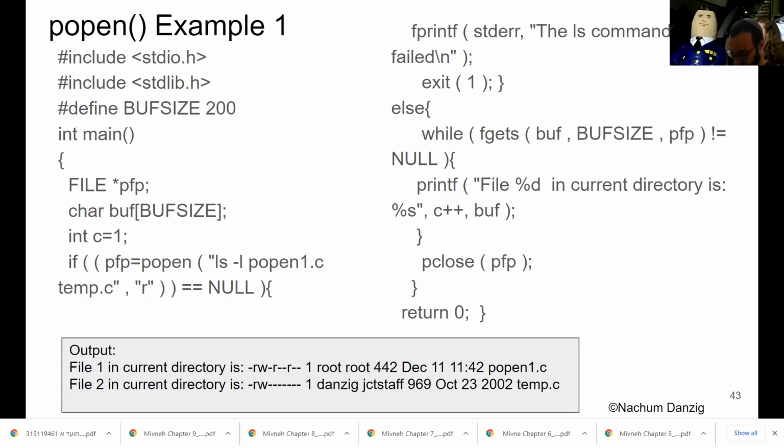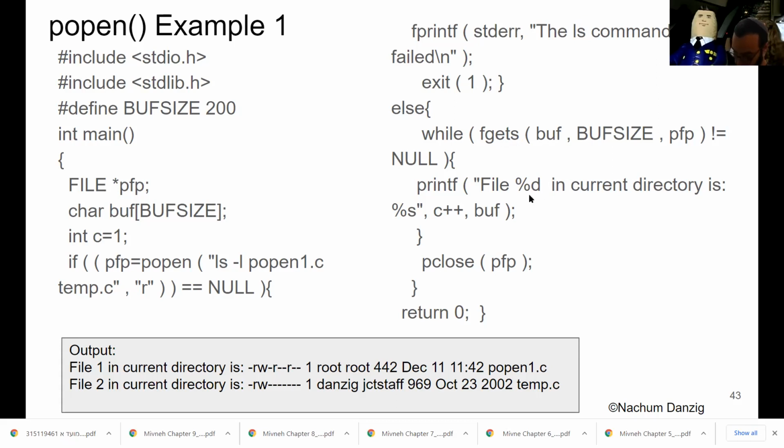So don't read more than 200, but read that and put it into buff, and use the fgets. File get string. So it gets a string, but the f in front means it works with a file pointer. And that's what I gave it, a file pointer. Notice read would not work here because I don't have a file handle. I have a file pointer. So I have to use fgets.